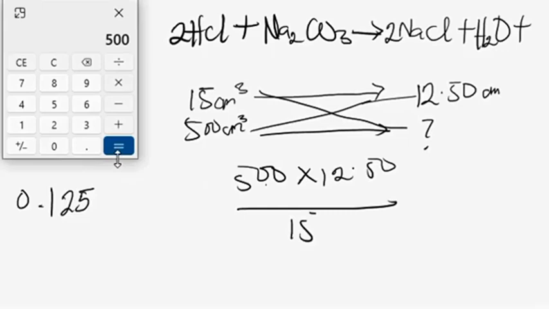So 500 cm cube times 12.50 cm cube. Now we're going to divide this by 15.